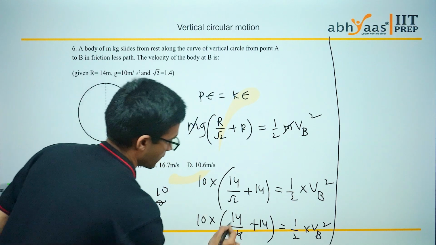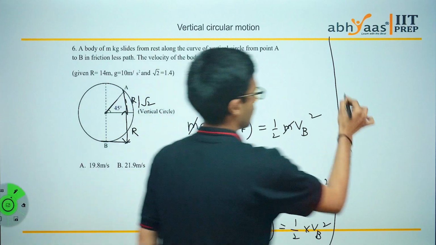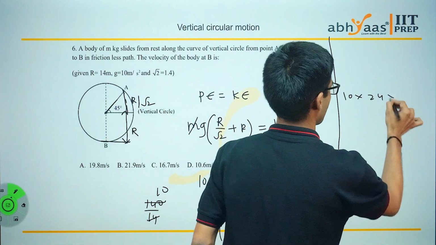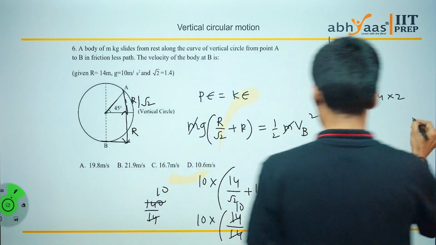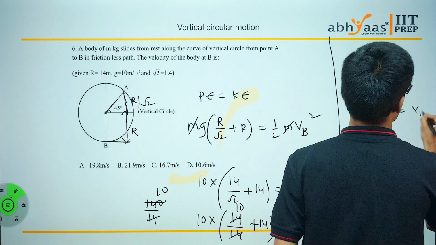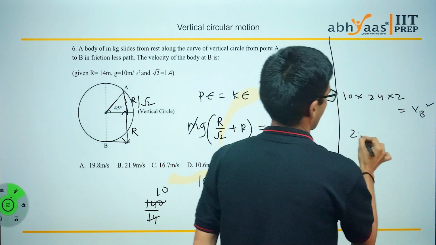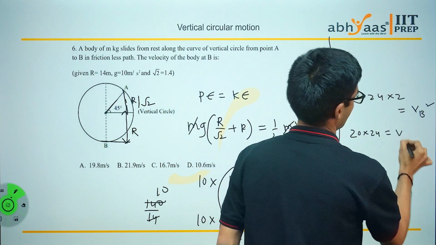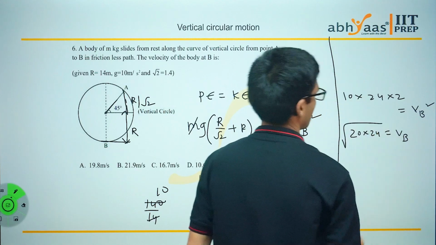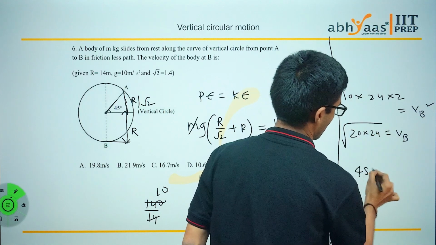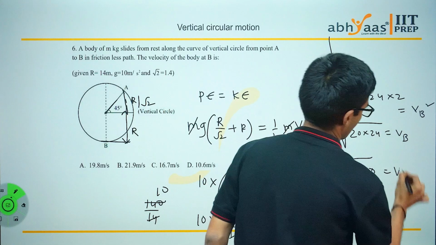So 10 plus 14, 10 into 24 into 2. For that, VB square is 20 into 24, that is VB square. For that you can take the root. 24 times 20 is 480. Root 480 is VB.